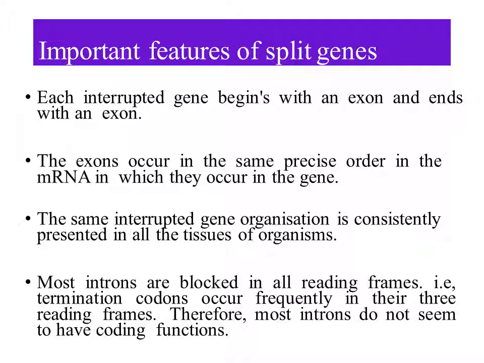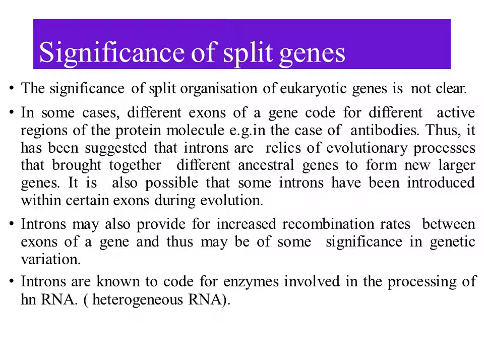There is no change in introns in different tissues of the same organism, and most introns are blocked as they contain termination codons. So mostly introns contain termination codons, and that's why they should be removed before translation, otherwise they will interrupt the translation process.